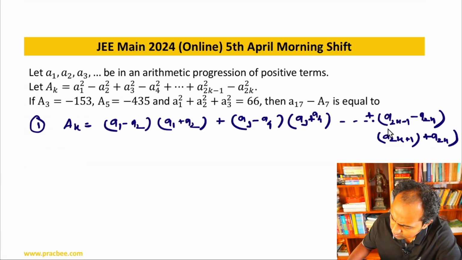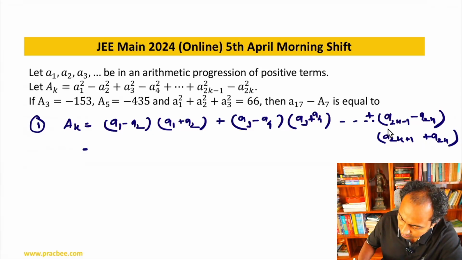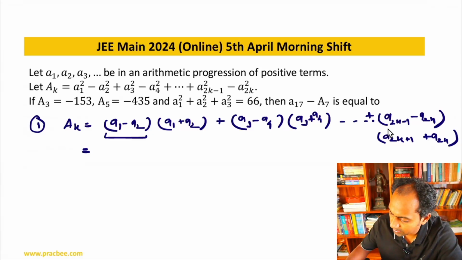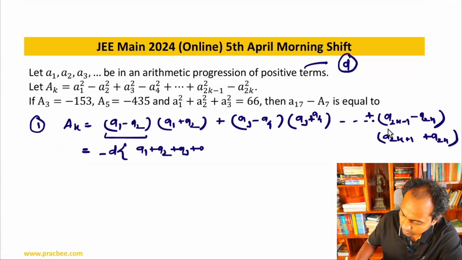If you do it in this manner, you can see that what happens as a result is this a1 minus a2. Since a1, a2, a3 are in arithmetic progression, if I take the common difference as d, this will become minus d and this will be there in all the terms, so I can take it out. What I am getting is a1 plus a2 plus a3 plus a4 till a2k.